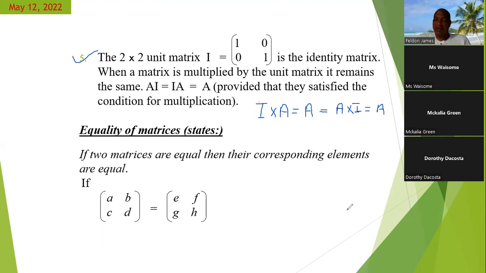It doesn't affect the result. So if you multiply A times B, you will get the same as B times A. And if you add A plus B and B plus A, you'll get the same answer. So the commutative property works with addition, and it also works with multiplication of numbers.